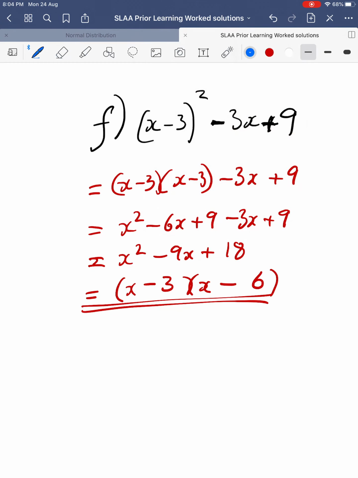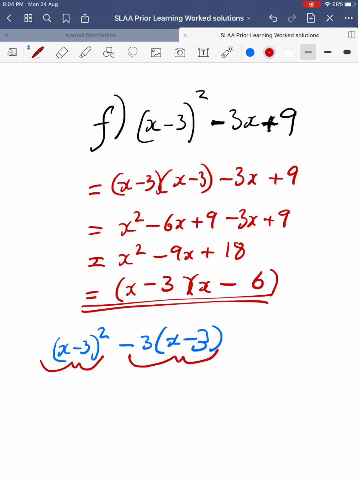if I actually rewrite the first line as x minus 3 squared and then take out a negative 3 as a factor for the next two terms, this will be actually x minus 3. And can you see now that in this first term x minus 3 is a factor, and in the second term x minus 3 is also a factor. So we can actually take out x minus 3. I tend to put a large parentheses just to see what might happen in here.